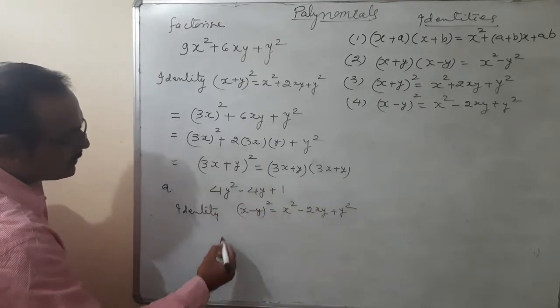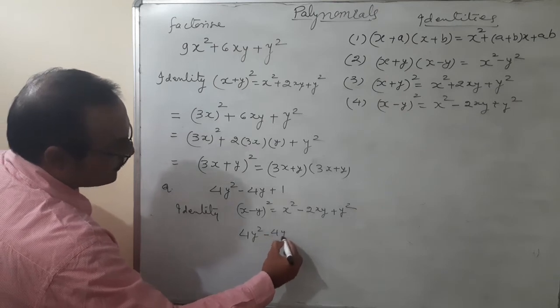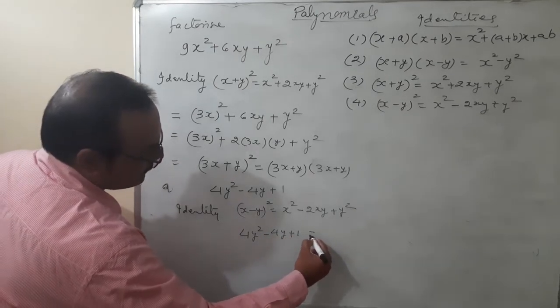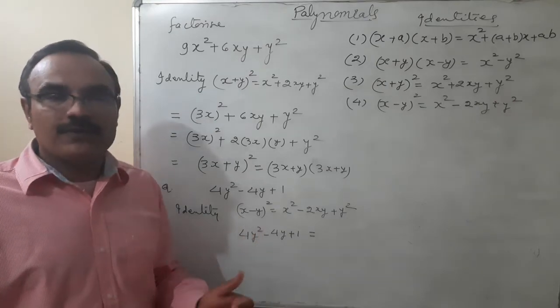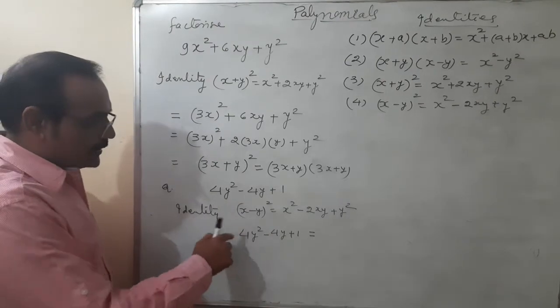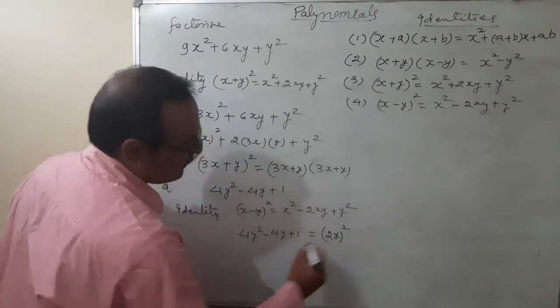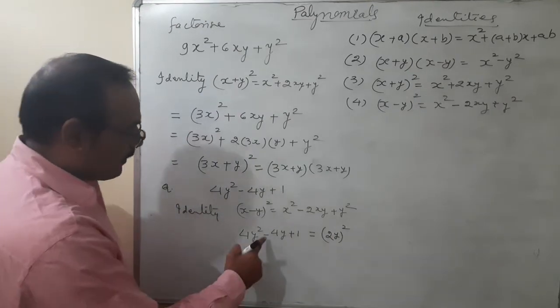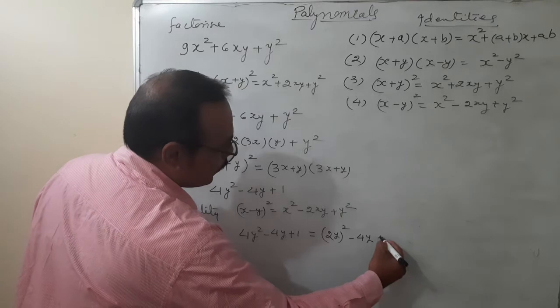Now the term is 4y square minus 4y plus 1. Again, 4y square we want to write in the form of a whole square. 4y square can be written as 2y whole square. Minus 4y I am writing as it is. Plus 1.